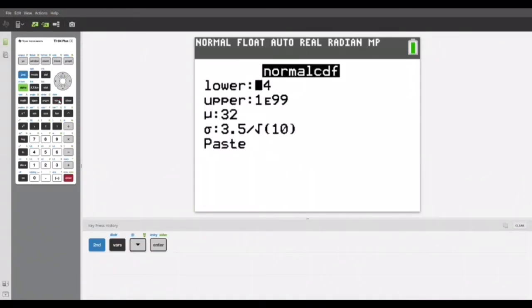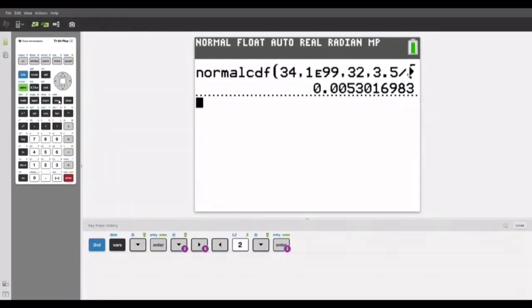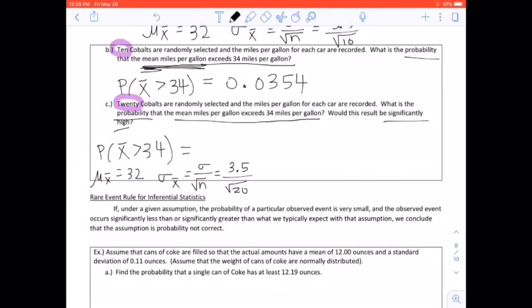Our lower is 34, our upper is 1E99, the mean is still the same, and the only thing that changes is the standard deviation, now that our sample size is 20. Go down to paste, select enter. We get an answer of 0.0053.